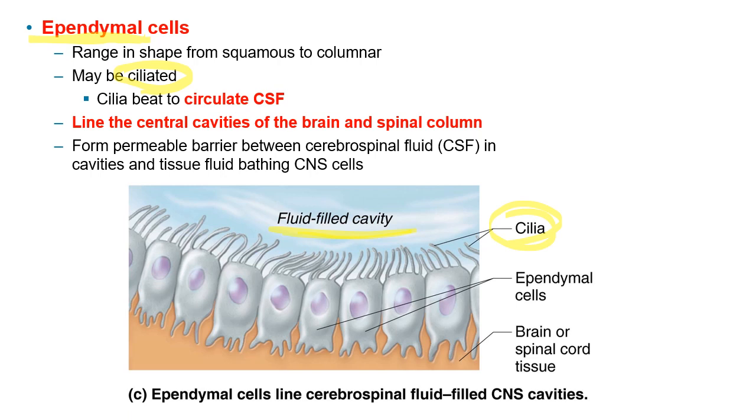The cilia on these cells make the cerebrospinal fluid move around. CSF is for cerebrospinal fluid. You're going to find these cells in central cavities in the brain and spinal column. They work as an interface between the fluid and the central nervous system, that is your brain and spinal cord. So those are your ependymal cells.